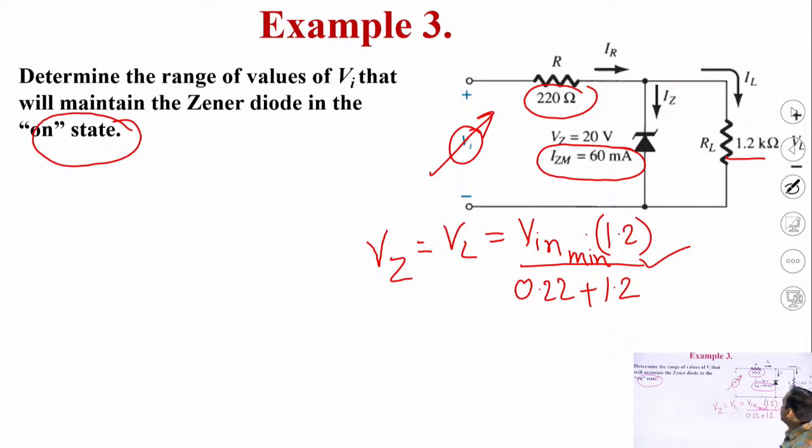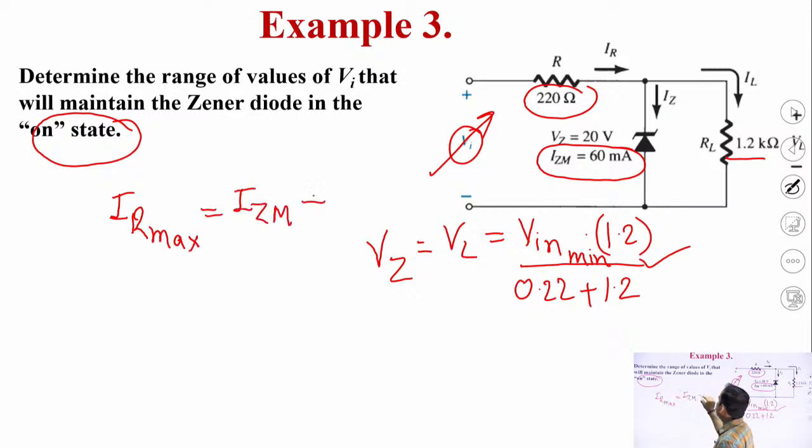Now how can we calculate the maximum value of input voltage? We can obtain the maximum value by first calculating IR max. So IR max will be equal to IZ max plus IL. What is the value of IL?